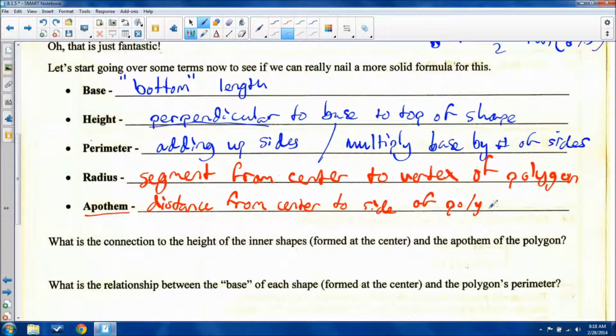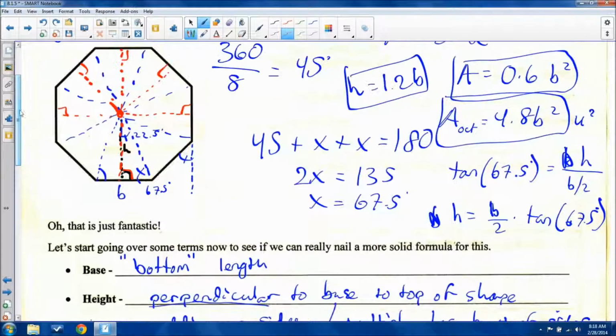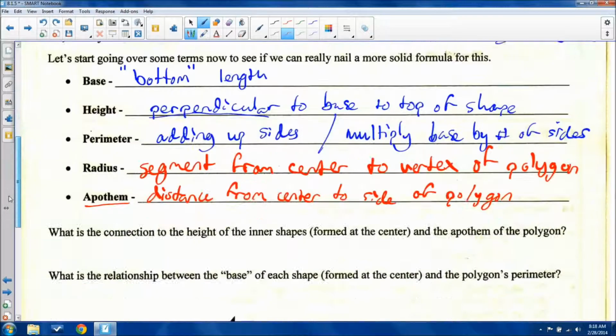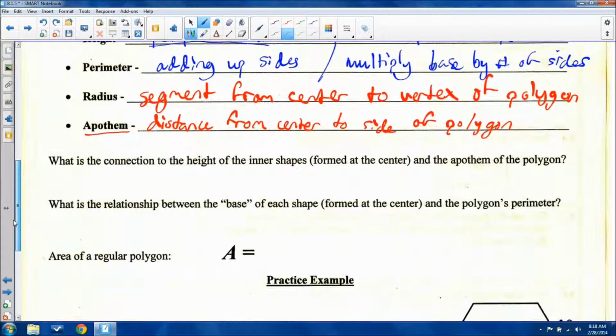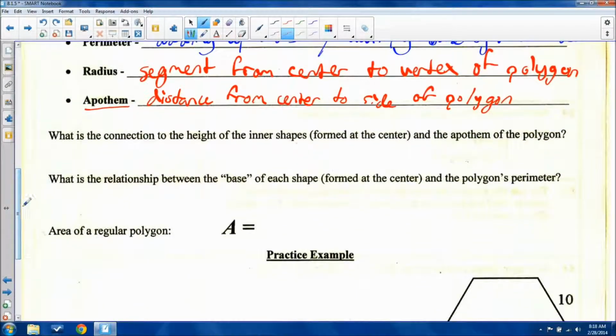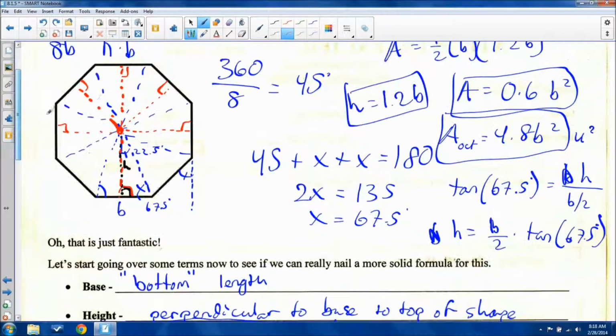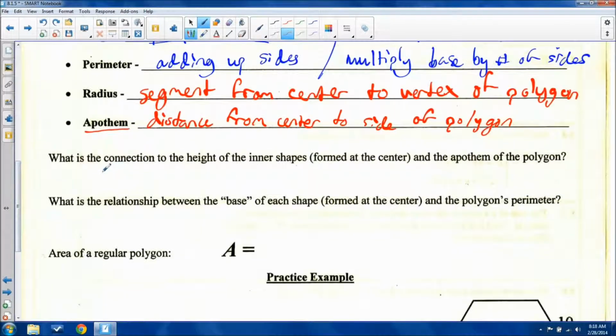And it's perpendicular, by the way. All of them will be in a regular polygon. And when I say distance, I mean the shortest distance, and the shortest distance is always perpendicular to it. That's why I'm saying that. They are the same.